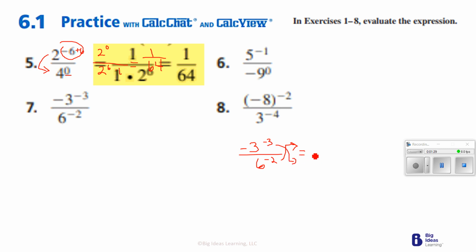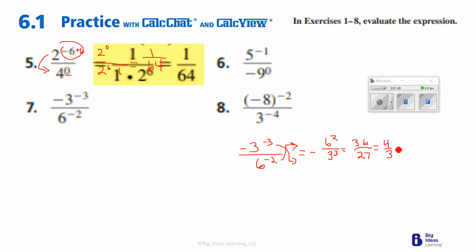This turns into negative 6 to the 2nd power over 3 to the 3rd power. 6 to the 2nd power is 36. 3 to the 3rd power is 27. I can divide both of these by 9, and that'll give me 4 over 3. And I can even turn 4 over 3 into 1 1/3.